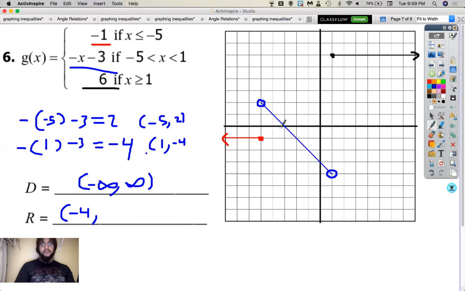It's irrelevant as far as the range is concerned. It's included in this piece right here. So I go up, up, up until this little piece right here, which is 2. And again, I do not include it. So this is the interval -4, 2. Everything between -4 and 2, not including those two guys.